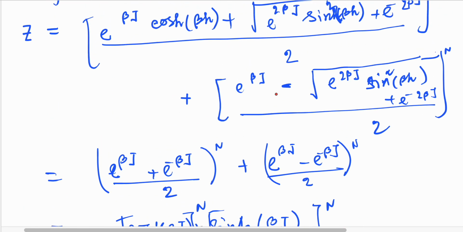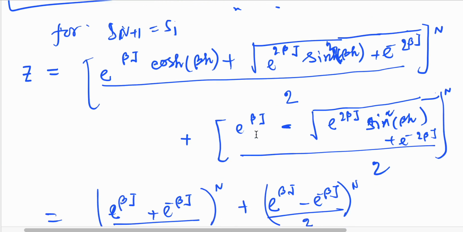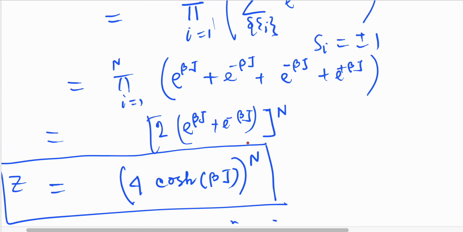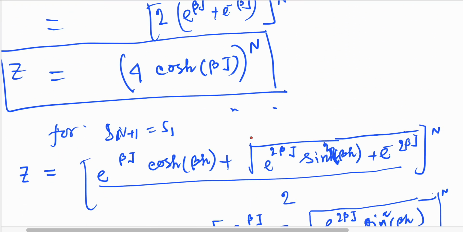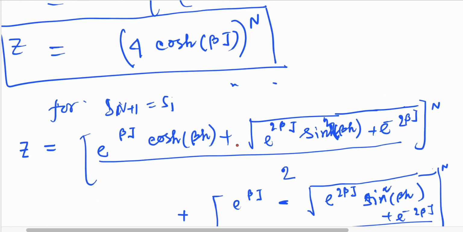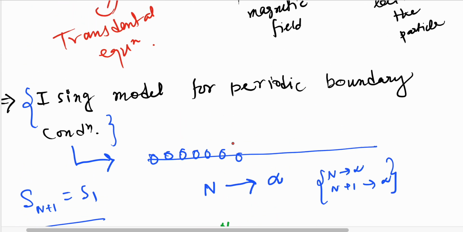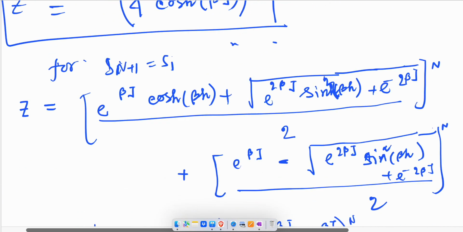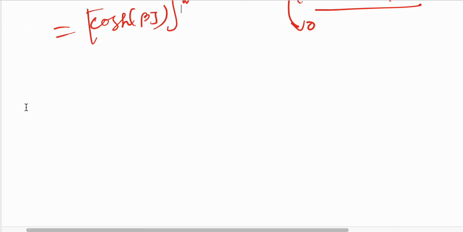So only in the thermodynamic limit, when n is large enough, whatever boundary condition you choose, these two will give you the same result. That's that. This is for the Ising model for an infinite long chain. So this will look like that.